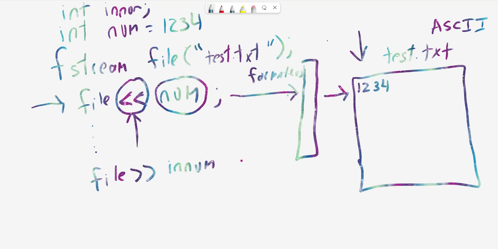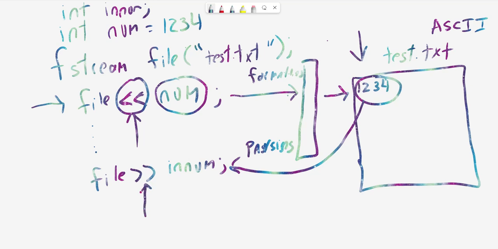The other way around, where we extract the data into here, is called parsing. And parsing is accomplished by the extraction operator. It's not the greater than sign, it's not the Pac-Man sign, the twin Pac-Man sign. It's called the extraction operator. What that's doing is taking the ASCII data from your file and parsing it to an integer. And you don't have to worry about that because the extraction operator handles that.